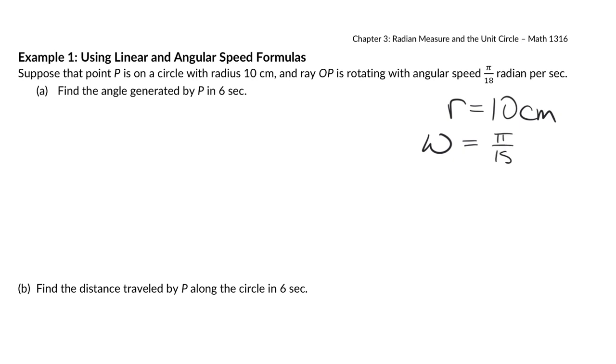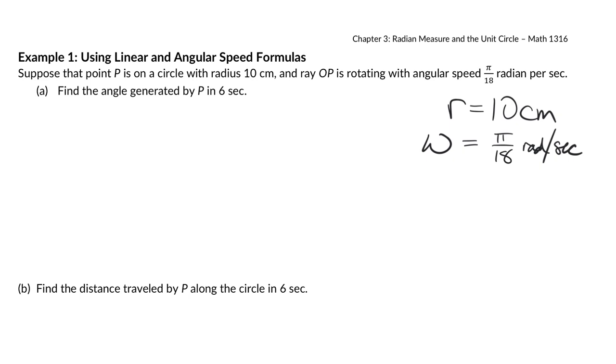We're going to leave them in terms of pi, because that's how it's given to us. Unless it specifically tells you to use a decimal version, you're most likely going to leave them in terms of pi. Part A says to find the angle generated by P in 6 seconds.